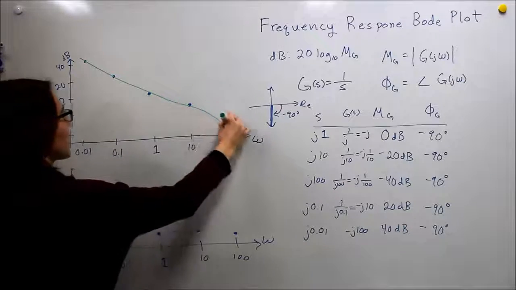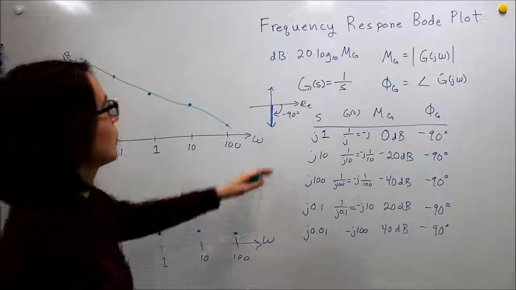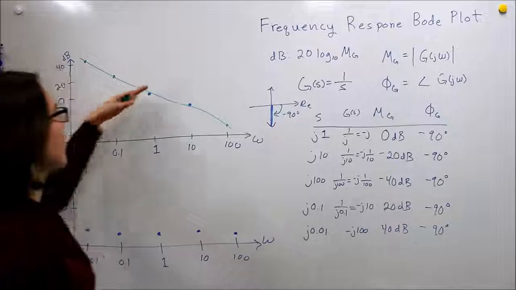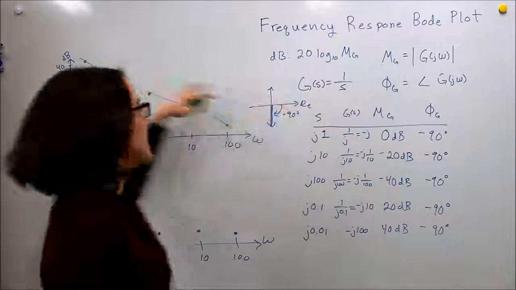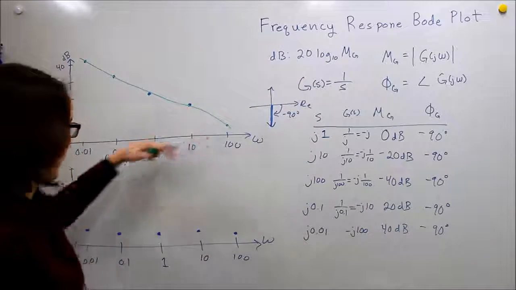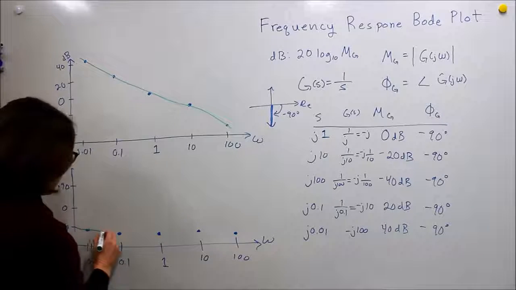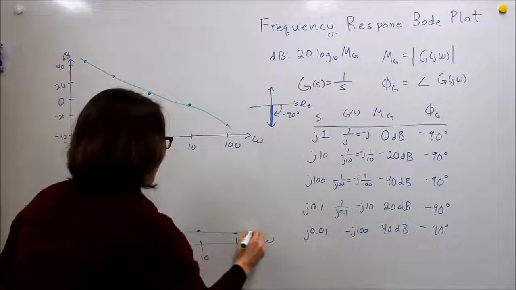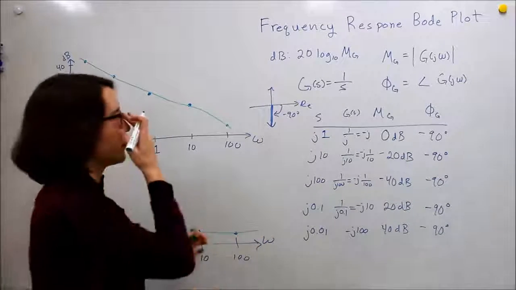Before we were going up, now we're going down. So when we looked at just s, we were increasing. Now it's 1 over s, we're decreasing in the magnitude. And our phase shift is exactly negative 90, and it would stay at that point.